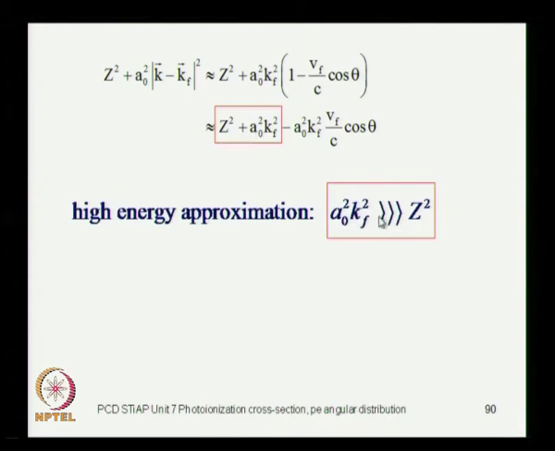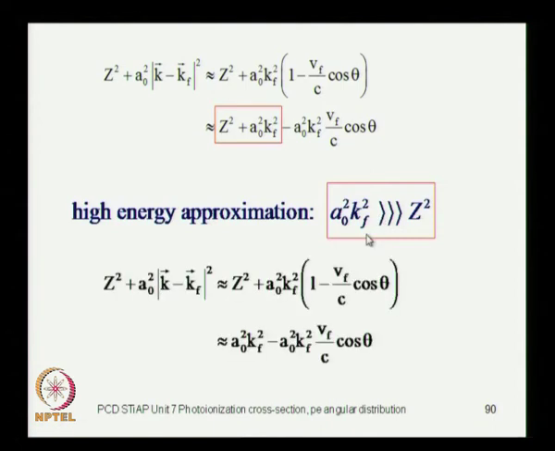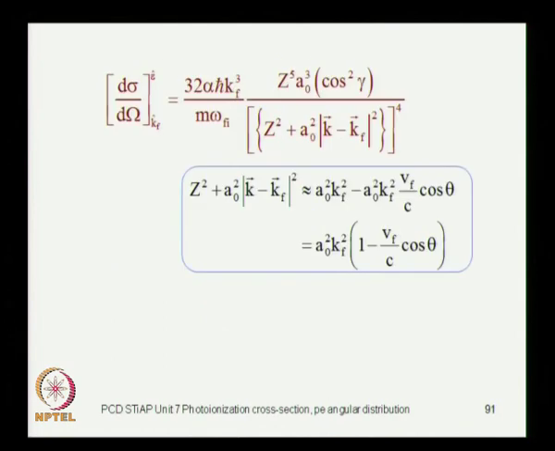This is the high energy approximation that we are working with, this is the Born approximation, and within this approximation this left hand side is nearly equal to this right hand side, but this right hand side out of the 3 terms, the first one drops out and you have the remaining 2 terms which you can use in your expression for the differential cross section.